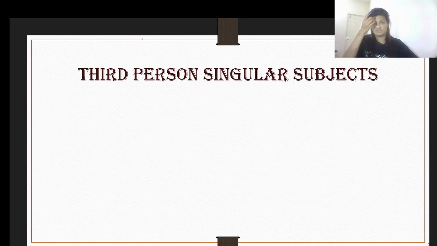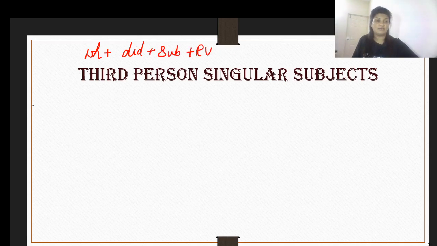With third person singular subjects also, it's the same formula. That is, you use the WH word and did, subject, and the root verb. Let us see if this holds correct here.